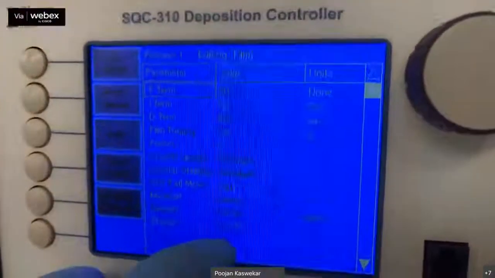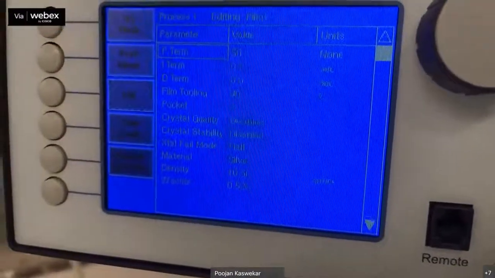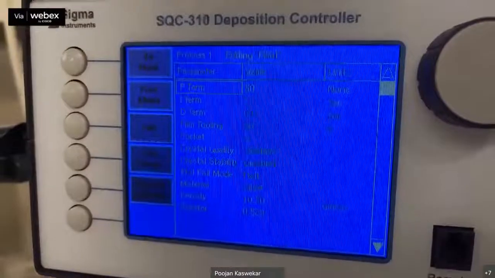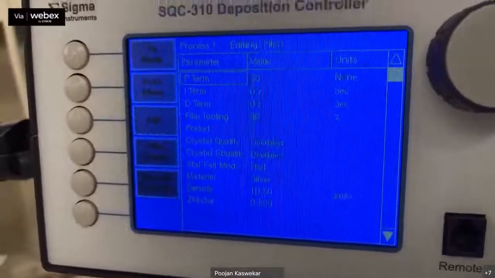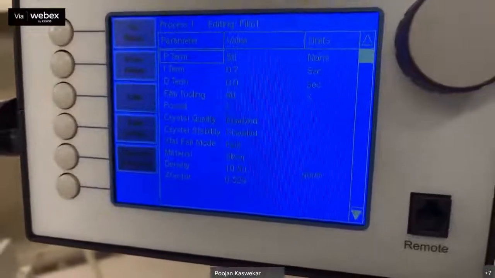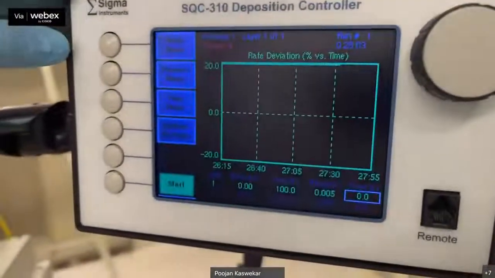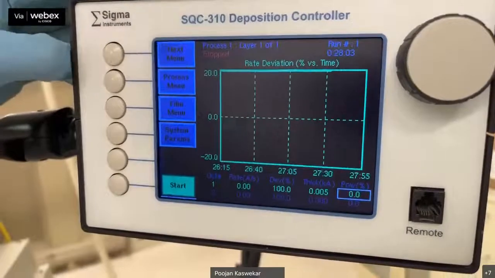And density and Z factor normally come with the material. If you know these three parameters for a material, you can deposit almost anything that can be deposited with an evaporator. It finally depends on the melting temperature of the material you are going to deposit.